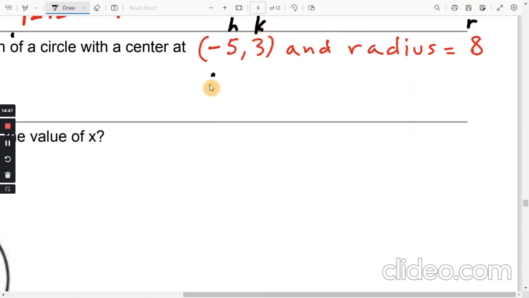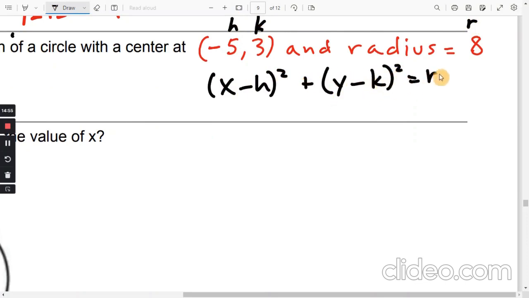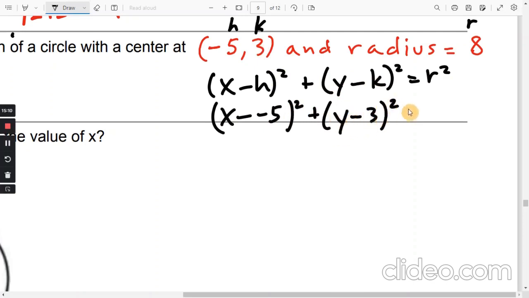The formula is x minus h squared plus y minus k squared equals r squared. x minus h is going to be x minus -5, y minus k is going to be y minus 3, and r squared is going to be 8 squared.